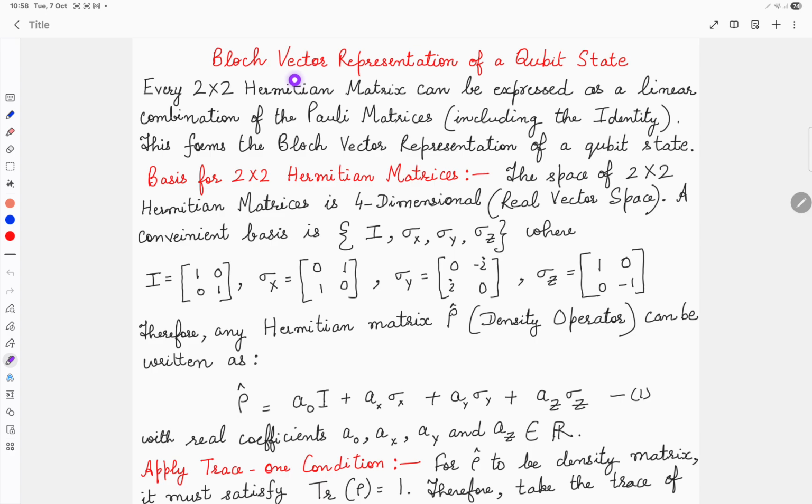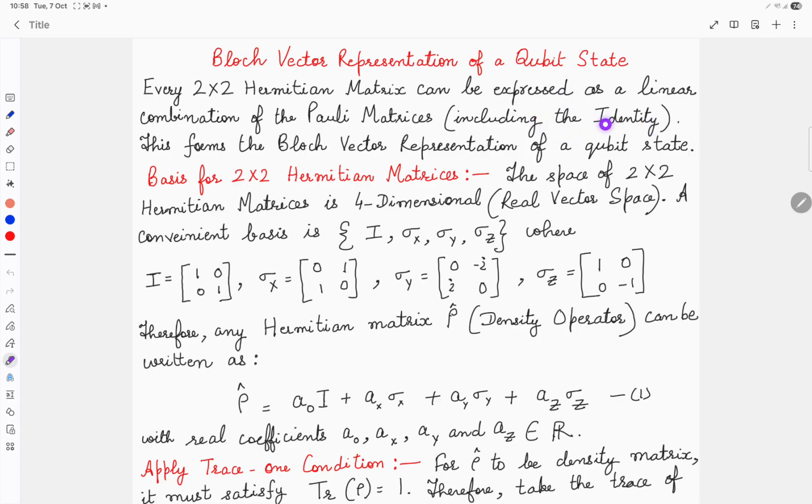Bloch vector. We want to find out the Bloch vector, but we want to start from the modeling of every 2 cross 2 Hermitian matrix. Every 2 cross 2 matrix which is Hermitian in nature. Now this matrix can be expressed as a linear combination of the Pauli matrices, including the identity matrix.